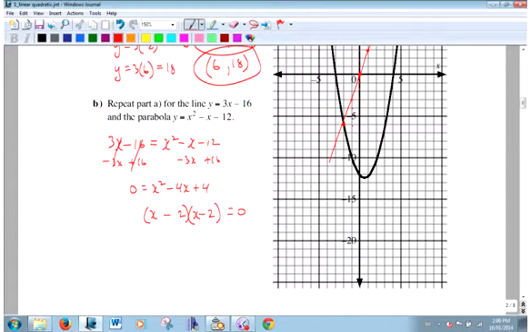Does it work? Sure. What's my solutions? Tanner? 2 and? 2 and 2. Wouldn't that just be 2 then?